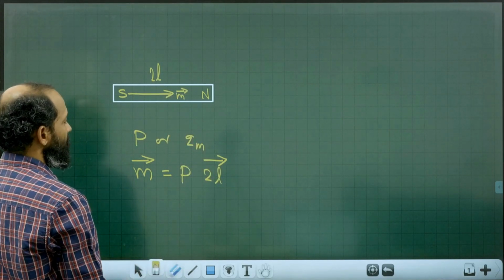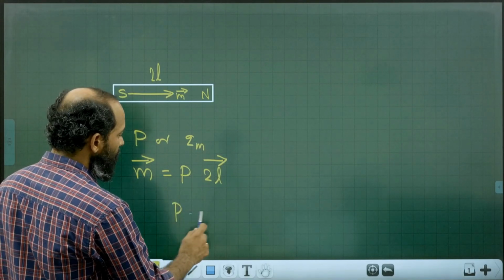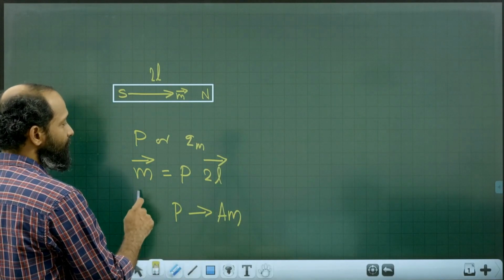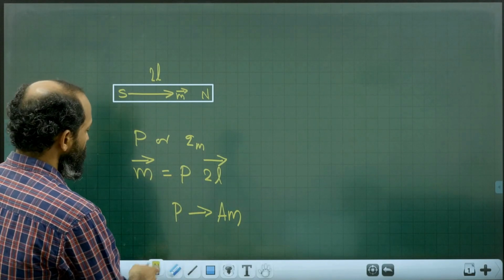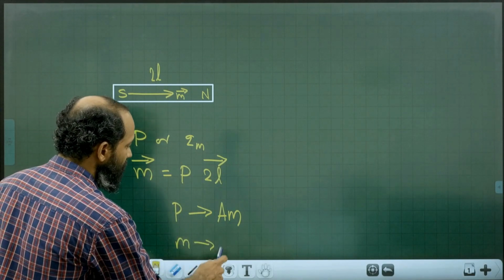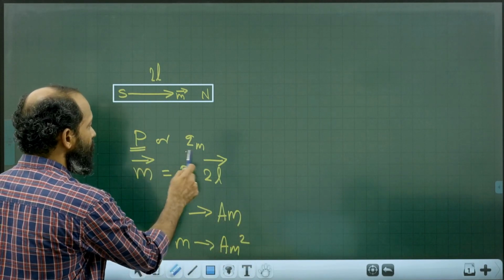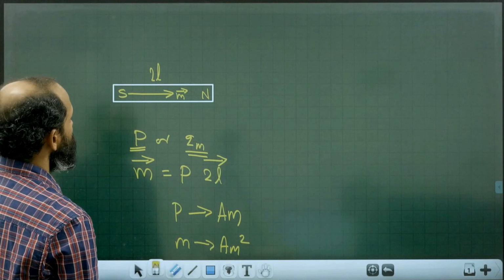Moment is a vector. Unit is ampere meter square. That is why pole strength has unit ampere meter. Moment has unit ampere meter into meter, ampere meter square. So pole strength is ampere meter, moment is ampere meter square. Students, pole strength is sometimes called magnetic charge assigned to poles, that is used in the NCERT text.